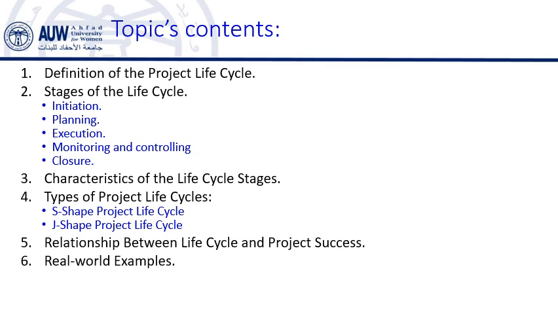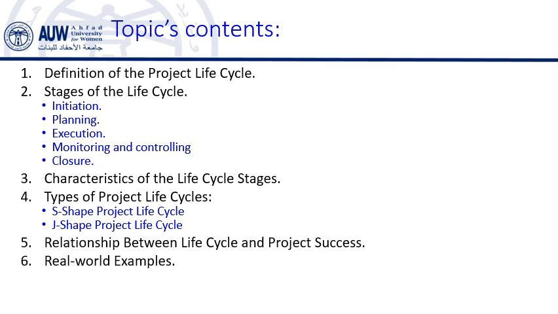Second phase, planning, developing a roadmap to guide the project, including resource allocation and timeline. Third phase, execution, implementing the plan and monitoring progress. The last and fourth stage, closure, reviewing outcomes, closing contracts, and conducting final evaluation.